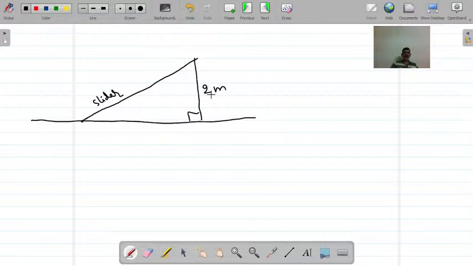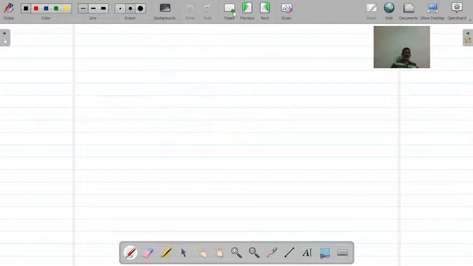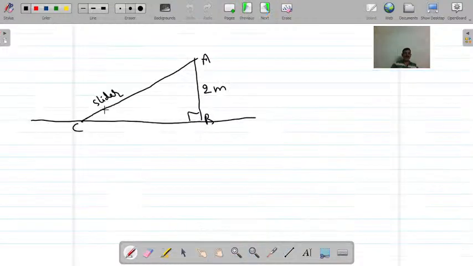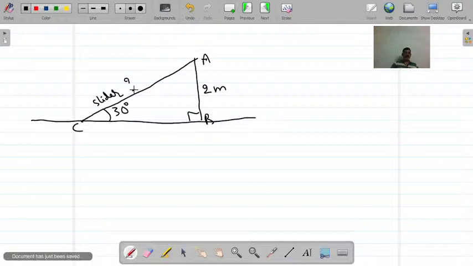Means this height is given as 2 meters. And in the figure, AC is your slider, and it is at a height of 2 meters. And what is the angle? The angle is given as 30 degrees. You are asked to find the length of the slider.